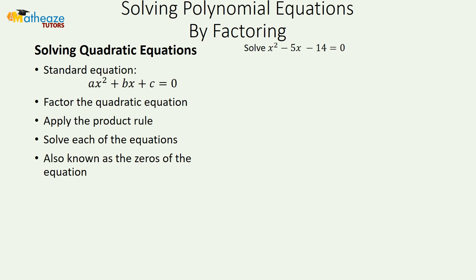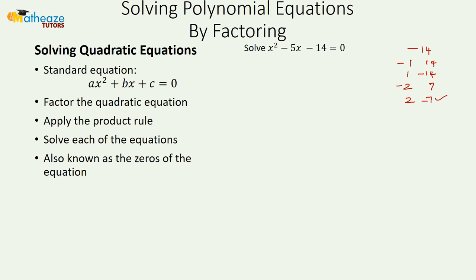So we have 1 here and negative 14. We have 1 and 14, 2 and 7. So I'm going to switch the negative position and see which of them meets our needs. We need something that adds up to negative 5.